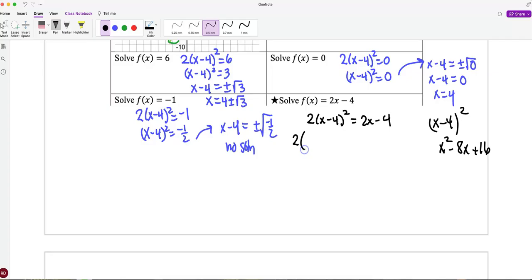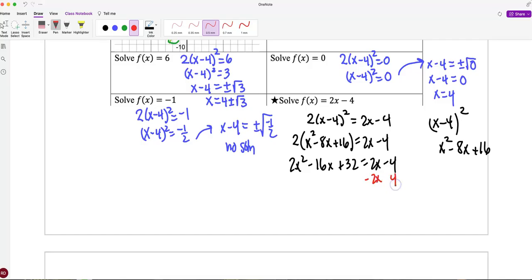So 2(x squared minus 8x plus 16) equals 2x minus 4. 2x squared minus 16x plus 32 equals 2x minus 4. If I subtract 2x and add 4 on both sides, this gives me 2x squared minus 18x plus 36 equals 0.